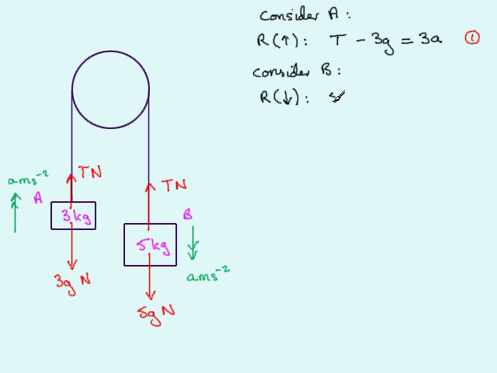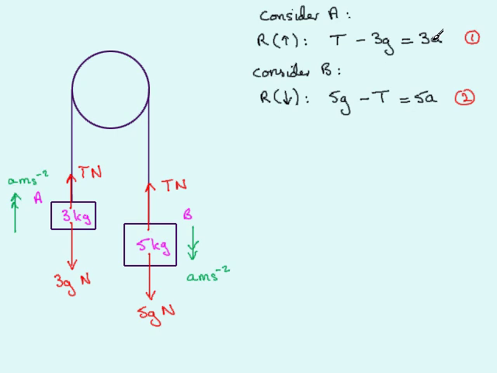So we'll start with that, because that's in the positive sense, so that's 5g. And then the tension, that acts upwards in the negative sense to the motion, so that will be a negative value, minus T. And this now represents the overall force acting on B. And this will equal its mass, which is 5, times the acceleration, a. And we'll call this equation number 2.